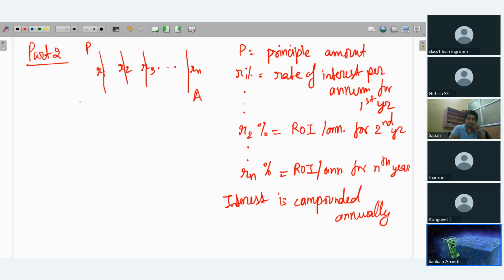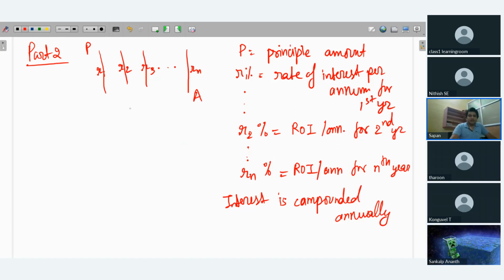What increases the rate of interest? It could be anything: 5%, 3%, 10%, 1%. It can be in any order. But if there is no pattern in it, how do we find it, sir?